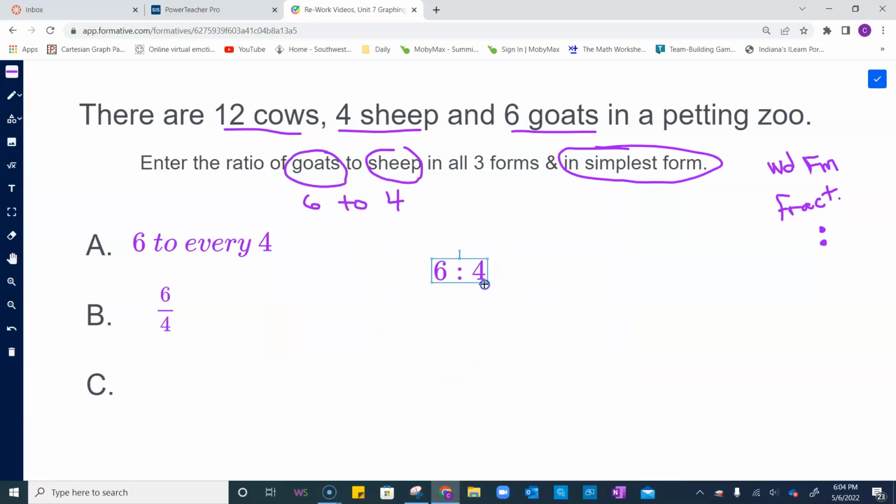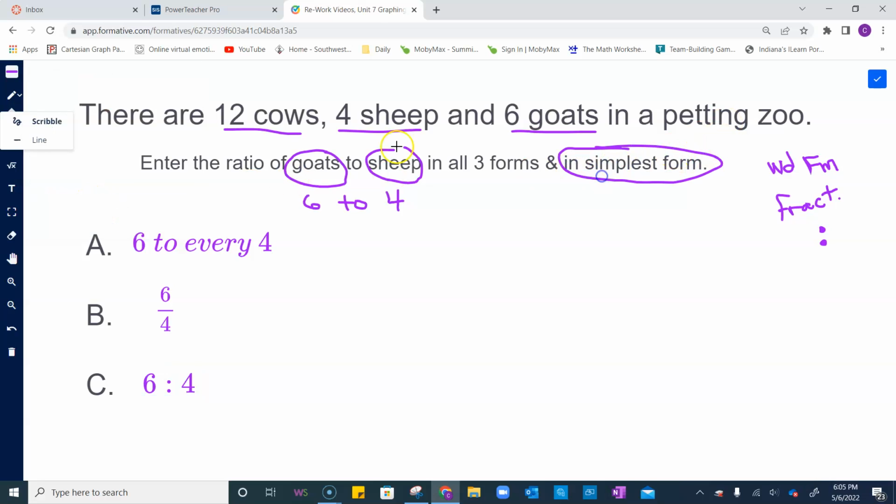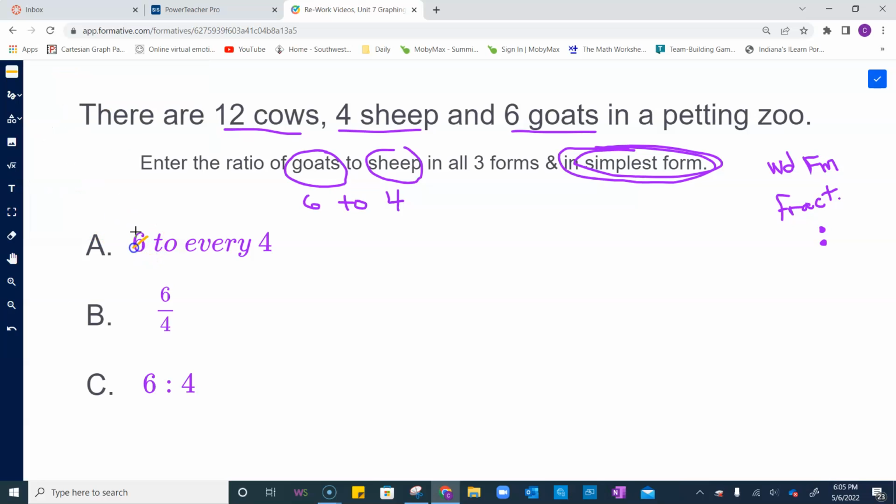And so we've gotten that, but we're not done. It says that you have to have your answers in simplest form right here, simplest form. And these are not in simplest form. Lowest terms is what that means, simplest form, lowest terms. So we're going to reduce this, and this is 3 to 2.